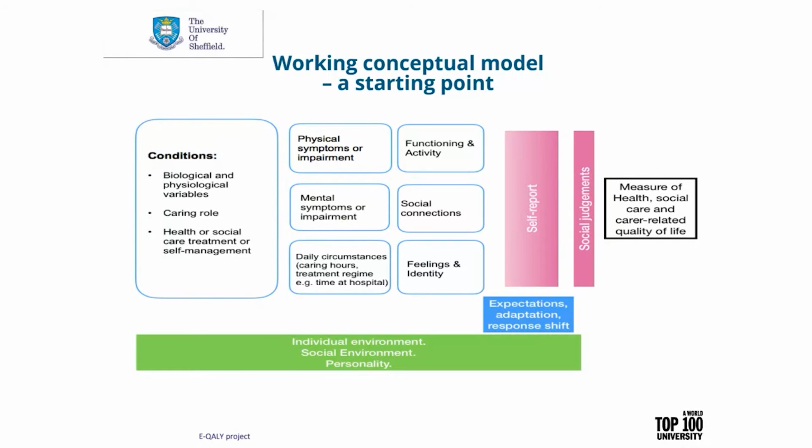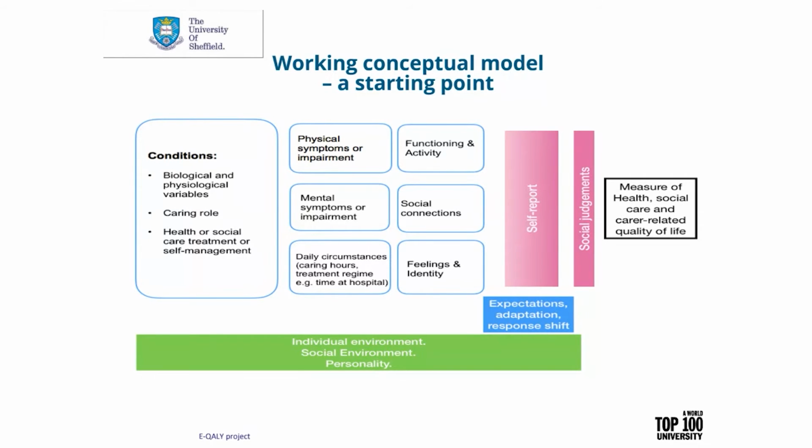So where do we start? Well, we needed some sort of conceptual model to start things off, and to do this we took a model of health developed by Wilson and Cleary in the 90s, where basically they said essentially we can see this as starting from biological and physiological variables, including your cells, your body organs, the basic stuff really.